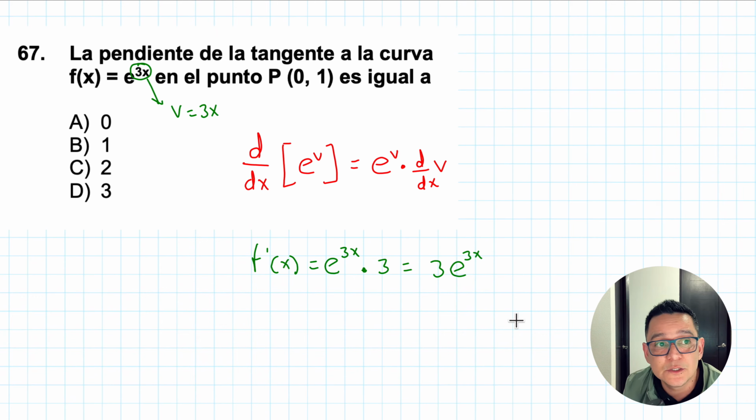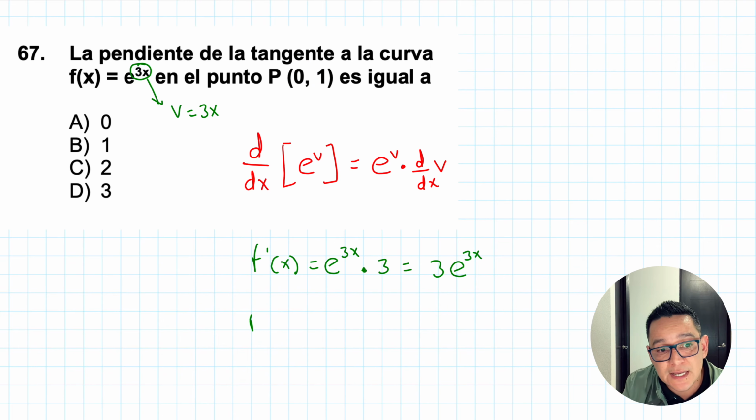Now it's asking you to find the tangent line's slope to the curve at this point right here. All we have to do is take the derivative and then evaluate it when x equals 0, because that's exactly the value of x at that point.